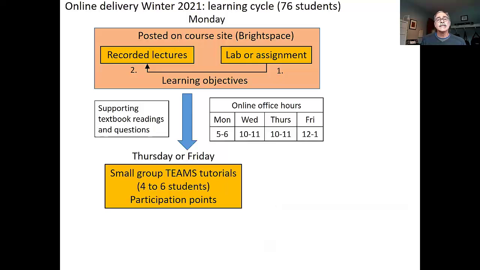These would be released on a Monday. And during the week, we had office hours available to the students to talk with myself or our coordinator about the problems they might have been encountering. As well, we had tutorials on during the lab slots. So these were organized so that 4 to 6 students could participate in an online tutorial with the Teams platform and work through the assignments and hopefully gain some active knowledge of the material.